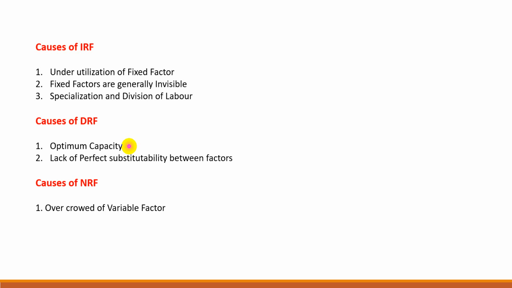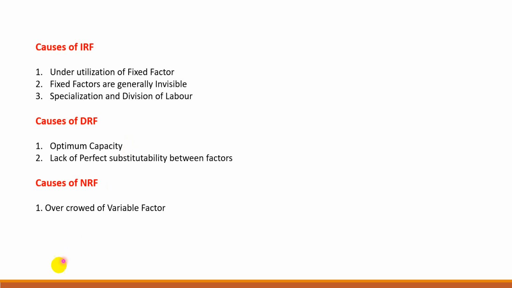For example, if more than 4 workers are employed, then this will lead to a fall in MP and AP.